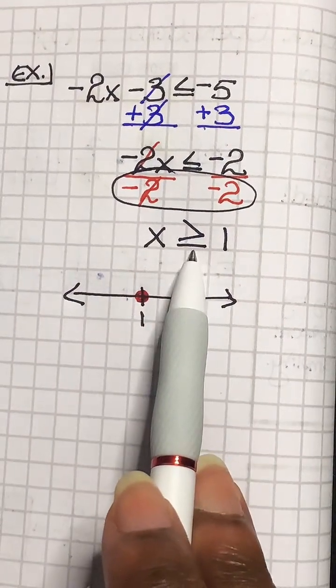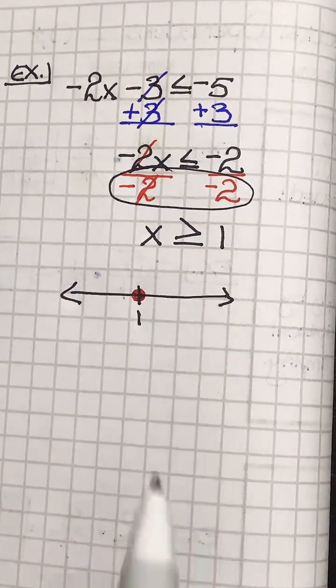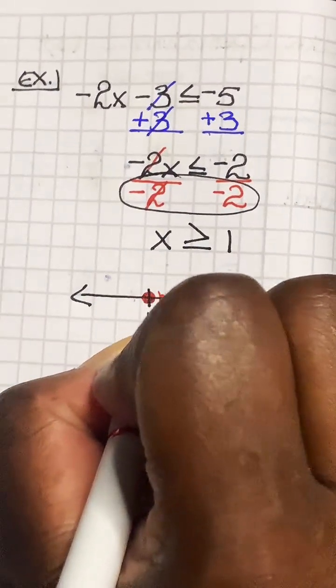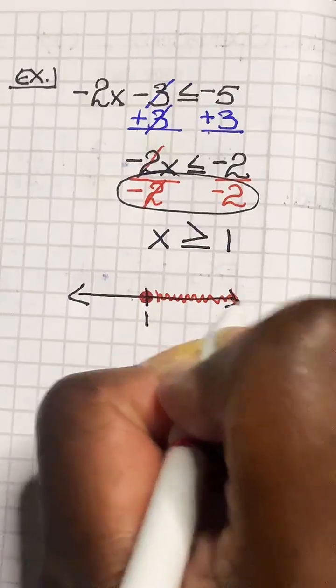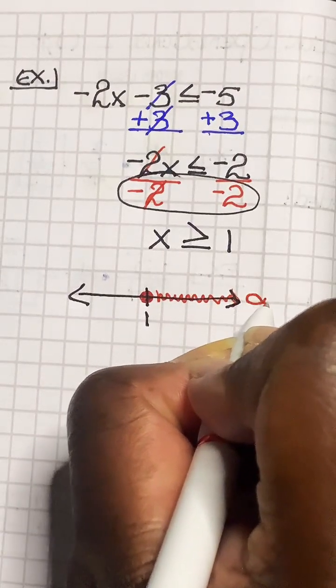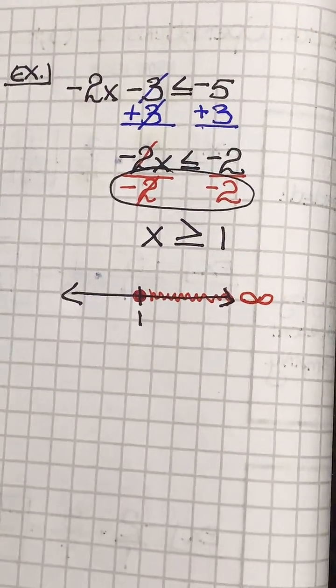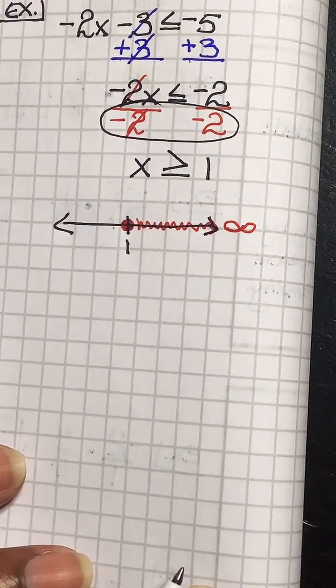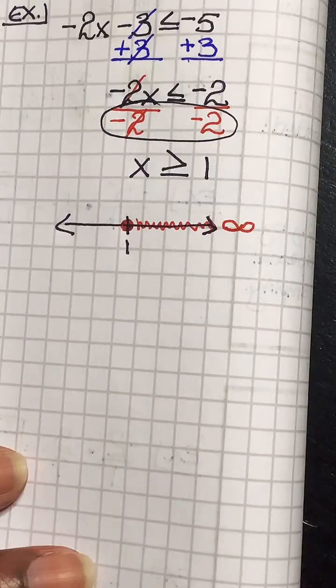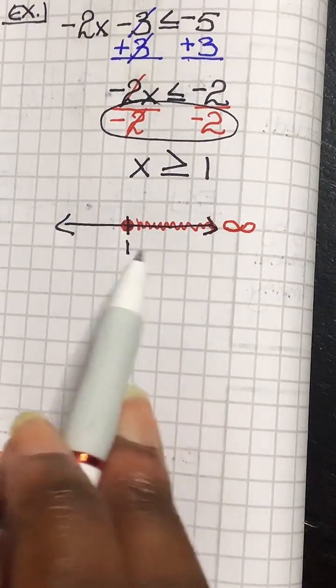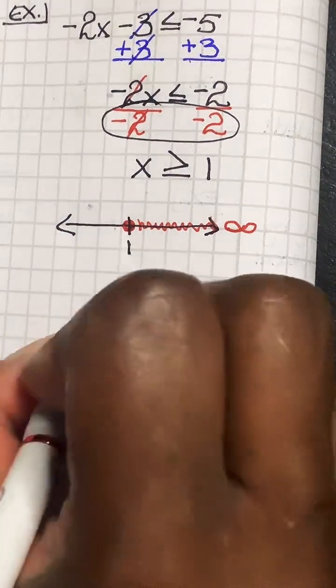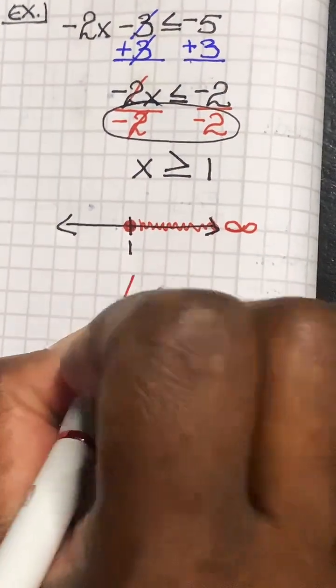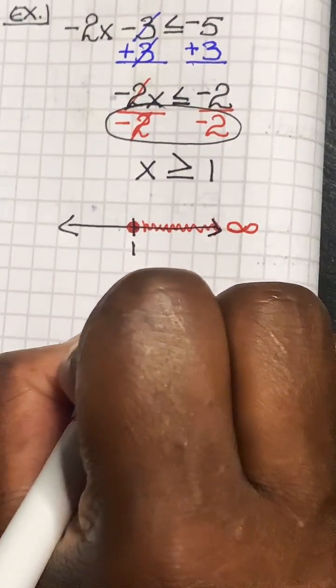And x is greater than or equal to 1. So if it's greater than, that means I'm going all the way up to positive infinity. In this case, my lowest number is going to be the 1, and my highest number is going to be positive infinity.